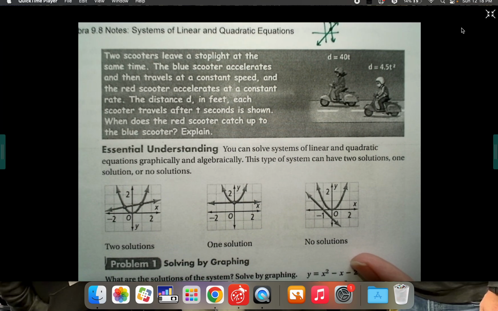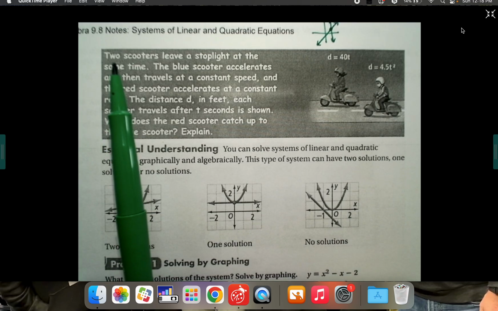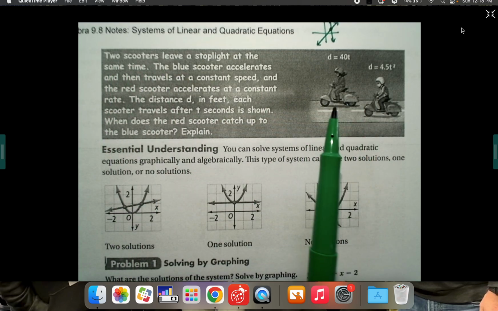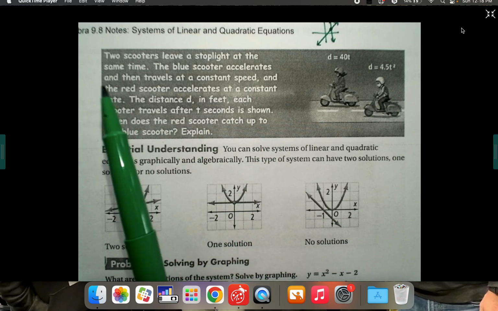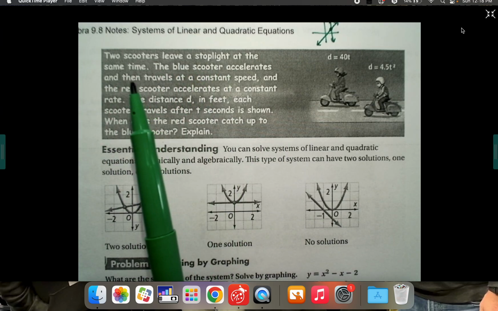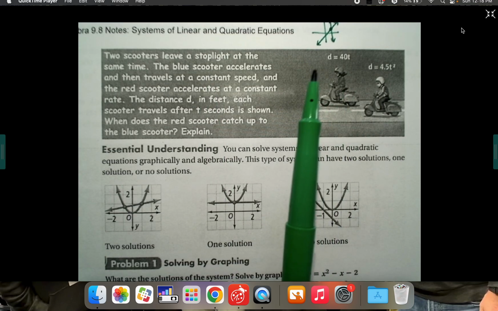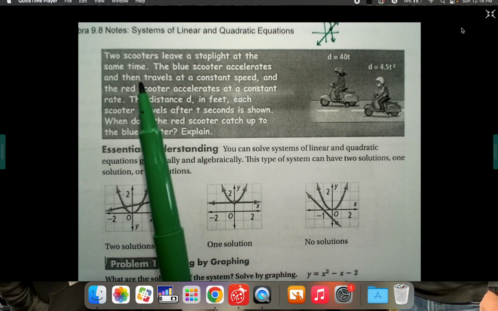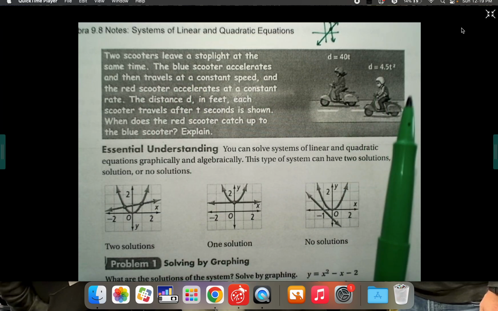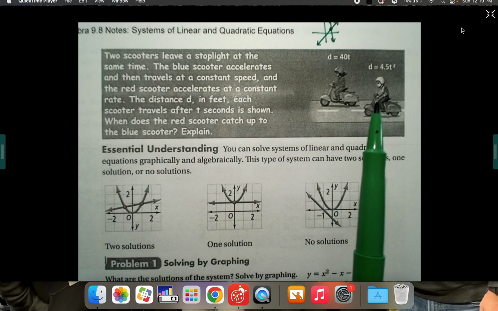So when would you encounter a situation like this? Here's an example. Two scooters, looking at this little picture on the right here, leave a stoplight at the same time. The blue scooter accelerates and then travels at a constant speed.